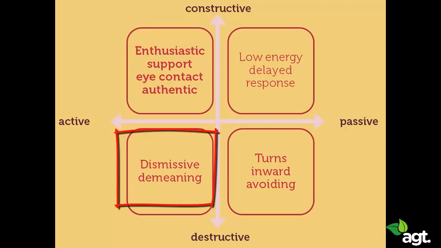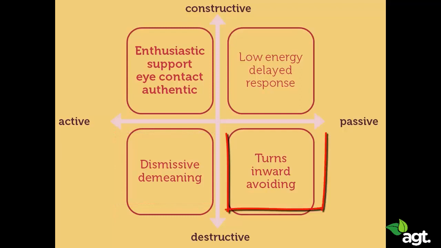The active destructive way to respond would be something along the lines of, ooh, that sounds like a lot of responsibility to take on. There will probably be more stress now, you will have to work longer, do you at least get paid more? The passive destructive is not even acknowledging the good news. It's saying something like, what's for dinner? Or simply leaving the room.